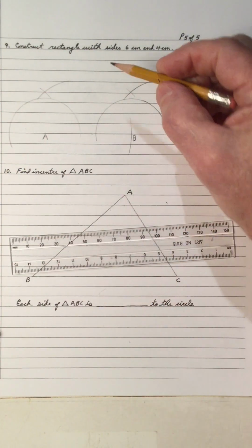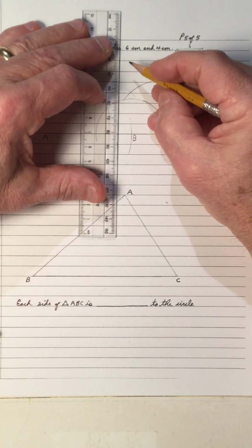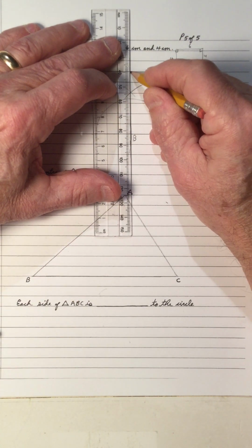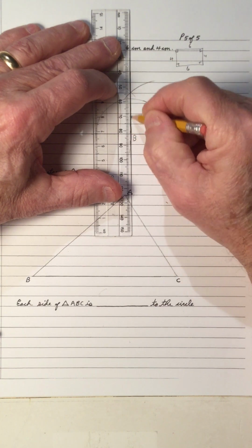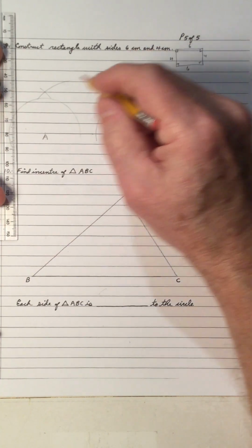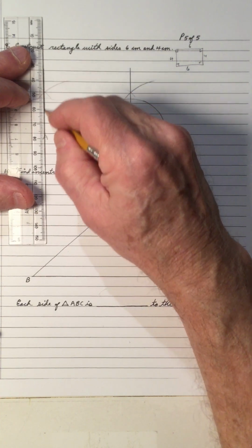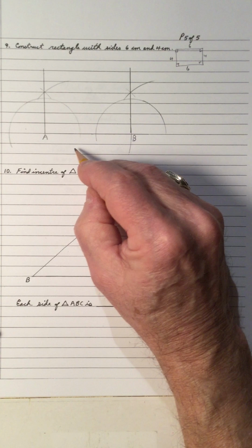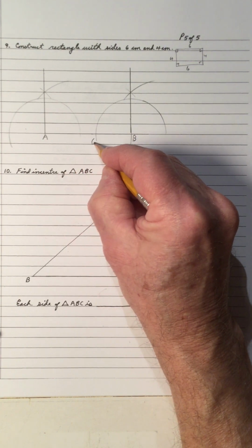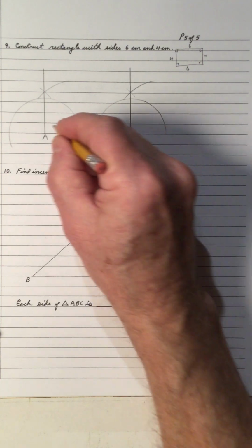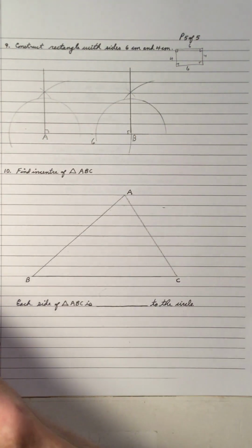And I now have 2 right angles. So from here to B, I have a perpendicular, and from here to A, I have a perpendicular. Remember, AB I made 6 long, and there's a right angle here and a right angle here.